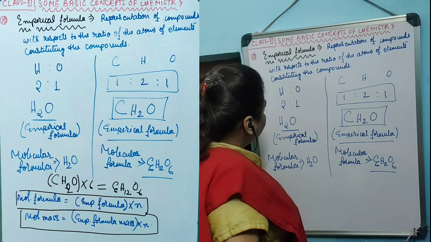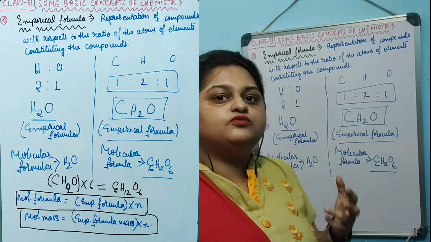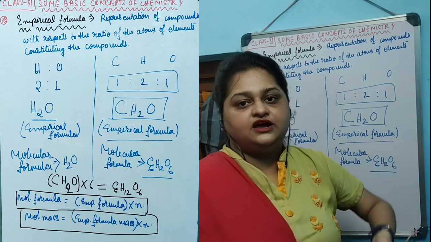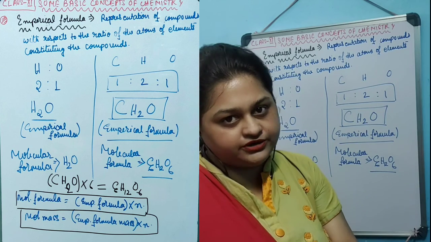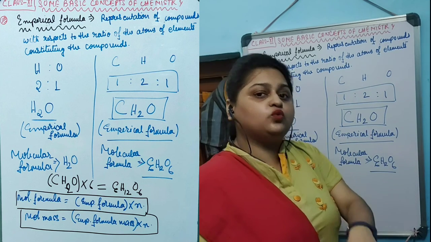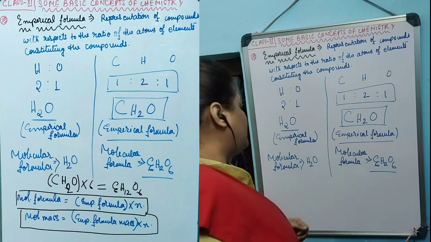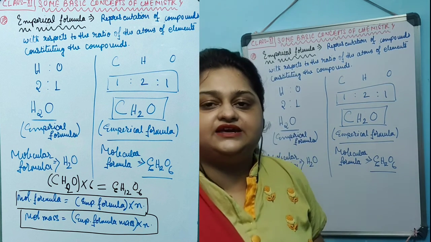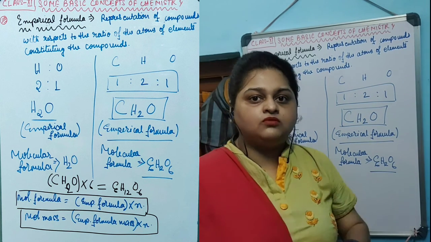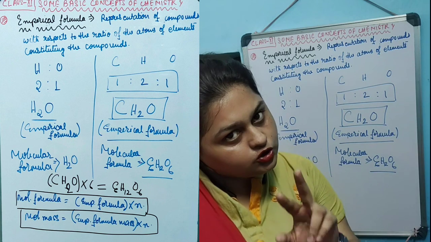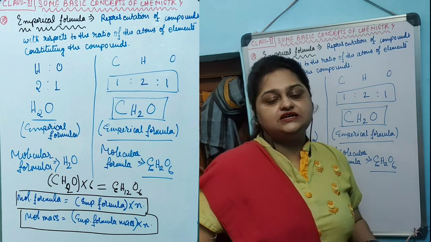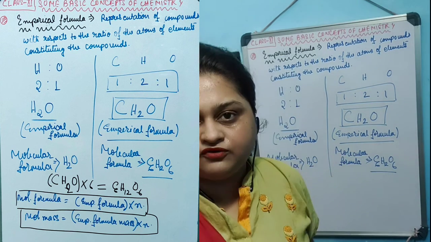In the case of H2O, the empirical formula represents that hydrogen and oxygen are combining in a 2:1 ratio to produce this compound. The molecular formula says that to produce one molecule of water, 2 atoms of hydrogen are needed to combine with 1 atom of oxygen.